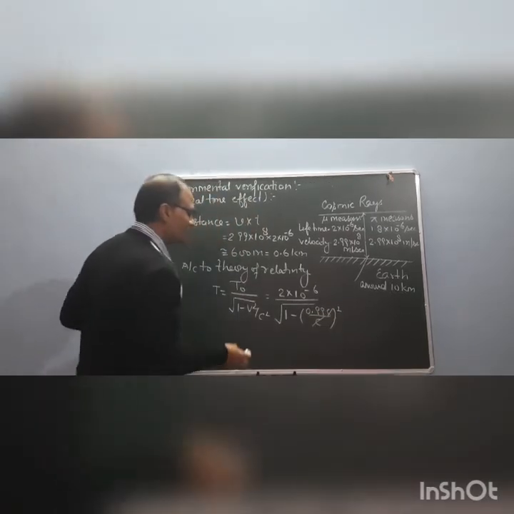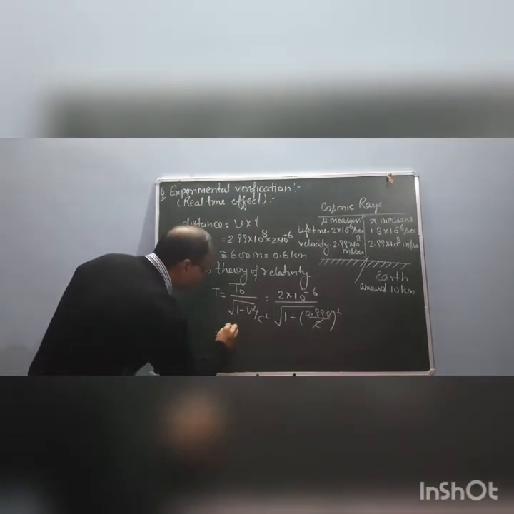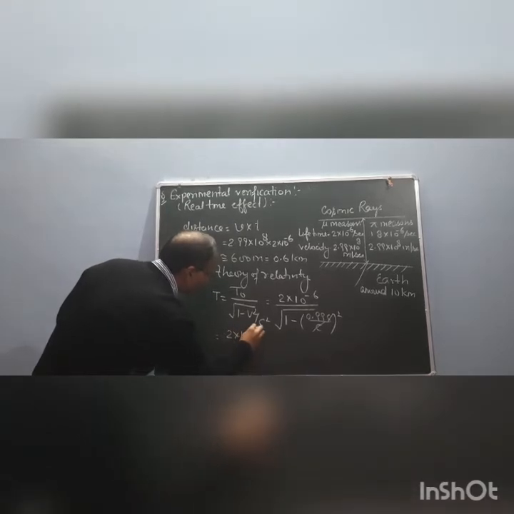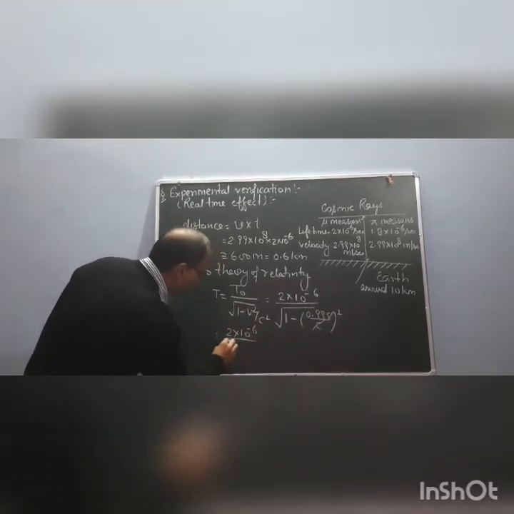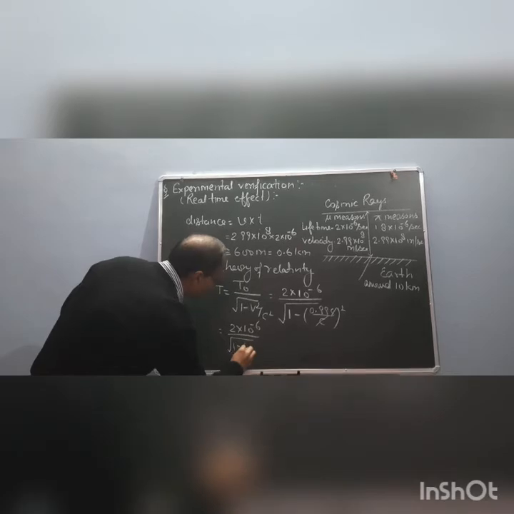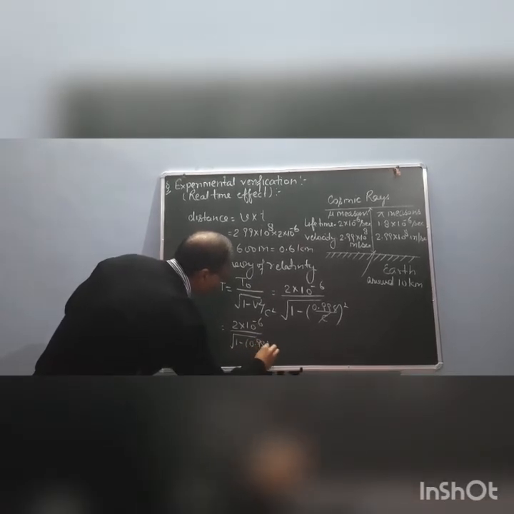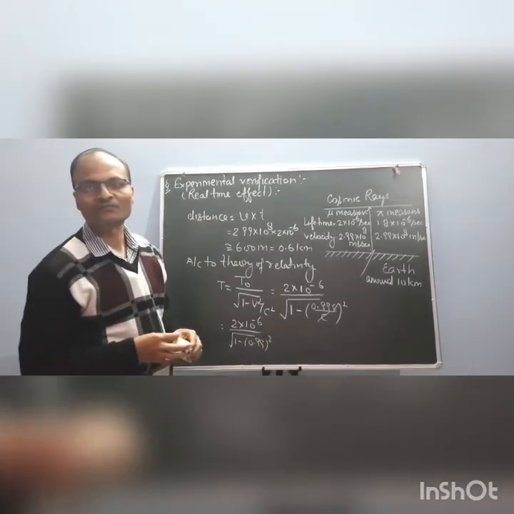This c is cancelled out and the value is 2 into 10 to the power minus 6 upon under root 1 minus 0.99 square.